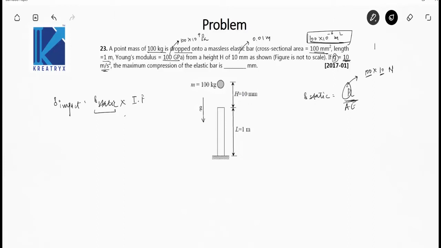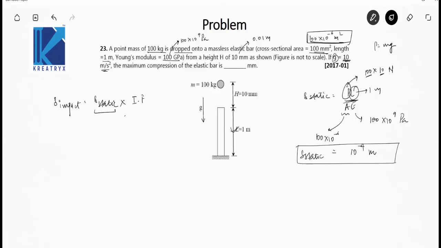So P is equal to mg here, and L is 1 meter, the length of the elastic bar. Area of the bar is 100 into 10 to the power minus 6 meter square, and E is 100 into 10 raised to the power 9 Pascal. So when you solve this, delta static will be equal to 10 raised to the power minus 4 meter.